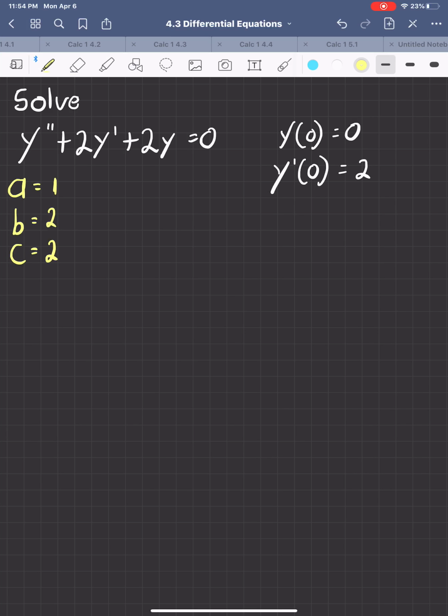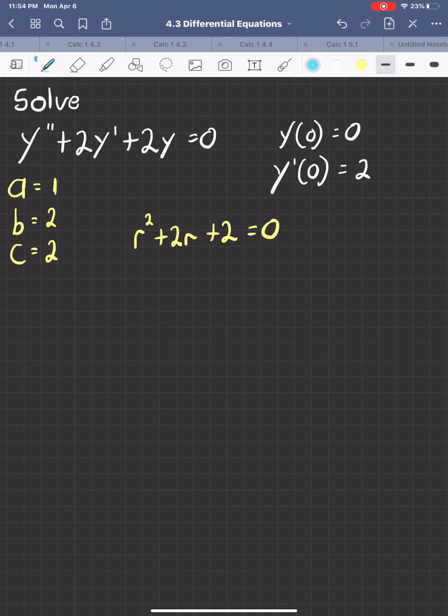Now we're going to go from here to the auxiliary equation. So remember it's A r squared, so that's r squared plus B r, so plus 2r, plus C, so plus 2, is equal to 0. And now you start to see if you can factor it. If you can't factor it, you go to your quadratic formula.